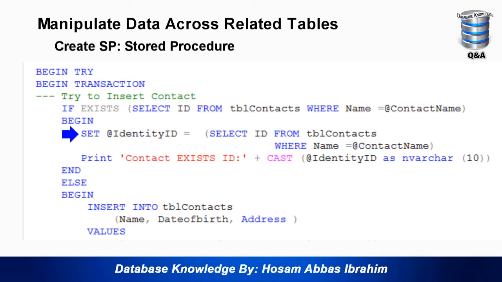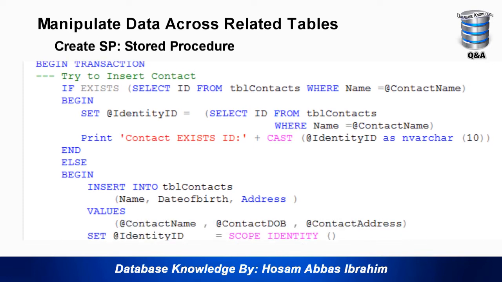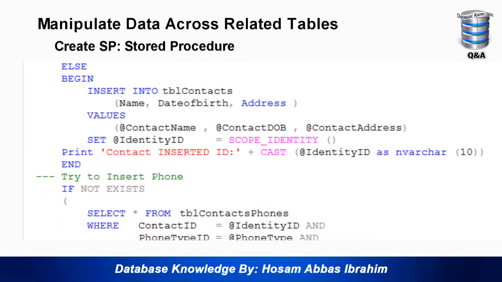So if it exists, I will set the identity ID to select this ID from the master table. If it doesn't, I will say else begin, and I will insert these variables into the master table. And this is the first transaction, and right after it I will set the identity ID equal to scope identity to get the ID of the individual we just created.